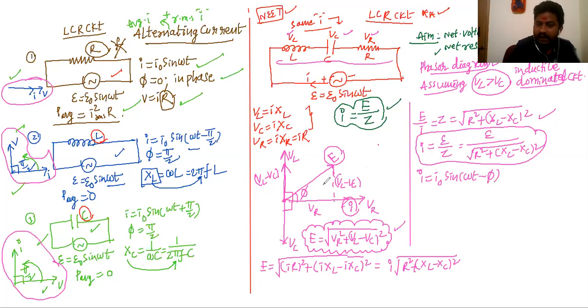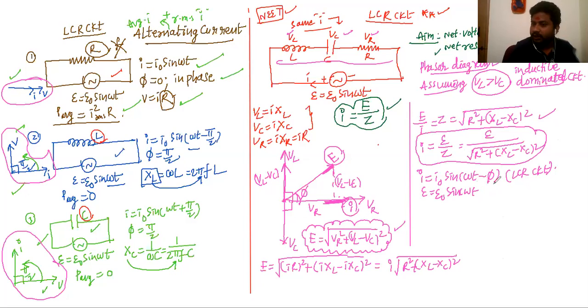You can see here, current is lagging by phi relative to the net EMF. So this is the current in the LCR circuit. Okay, clear? And in the LCR circuit, the source voltage we provided is E naught sine omega t. Sorry, no confusion.